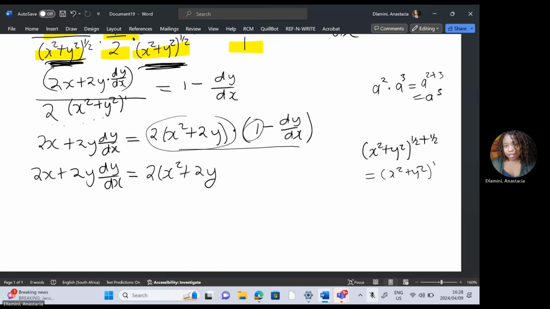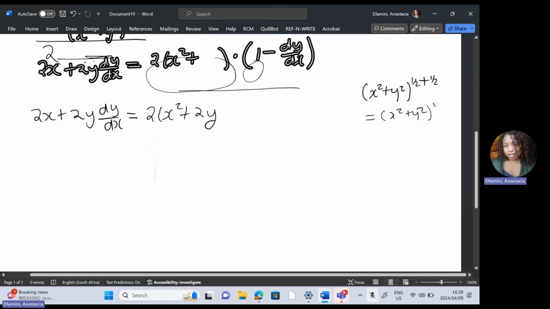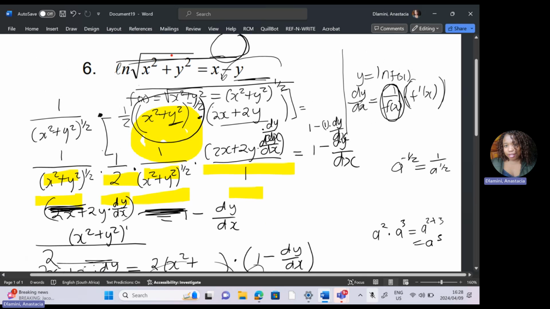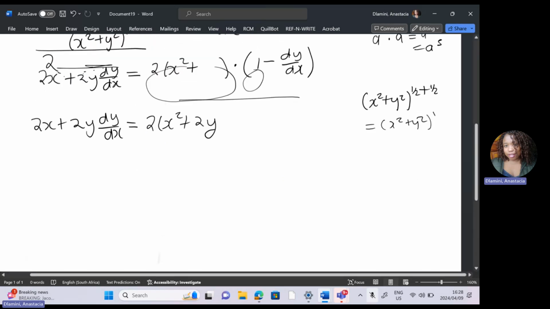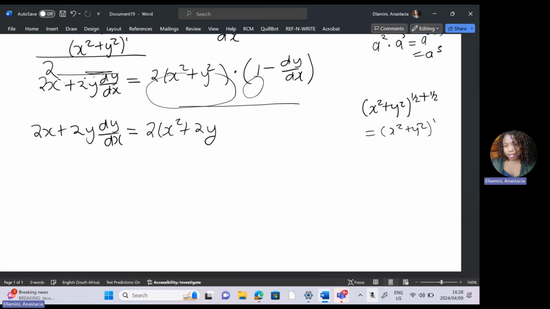Oh, no, this is x squared, because remember we multiply by 2 times x squared plus y squared. So this is y squared actually. Sorry about that. I made a mistake here. So this is y squared minus 2 times x squared plus y squared times dy over dx.